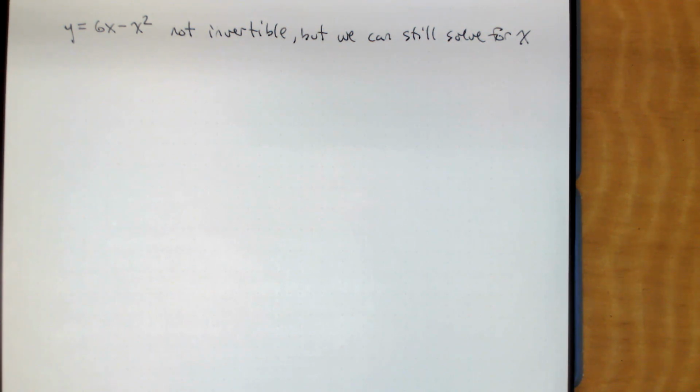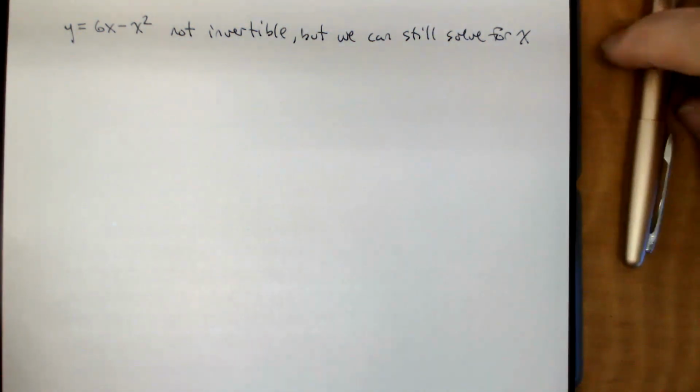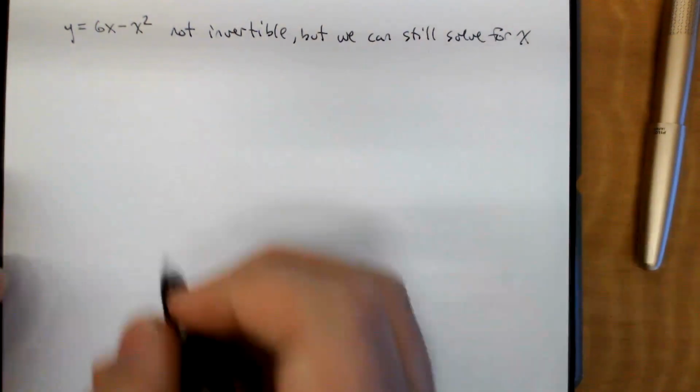Terrible way to go about solving quadratic equations. Because we know what this function looks like. 6x minus x squared is a parabola with a vertex at 3, 9 pointed down with a leading coefficient of -1. So I want to use that knowledge to help me solve this.